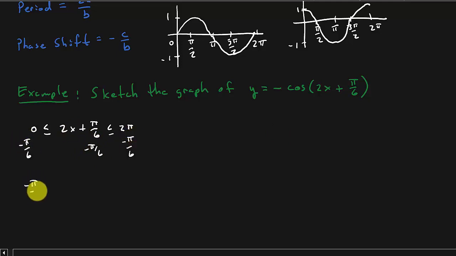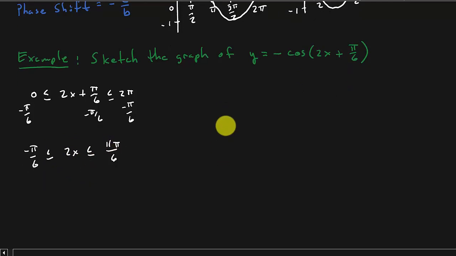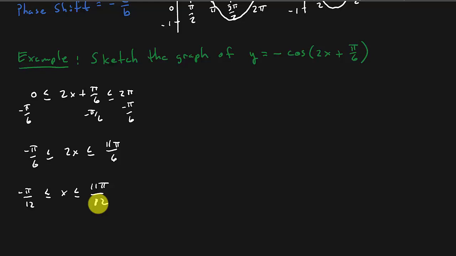And so that's negative pi over 6 less than or equal to 2x less than or equal to, let's say it's 12, that's going to be 11 pi over 6. And then multiply everything by 1/2. So that's going to be negative pi over 12 less than or equal to x less than or equal to 11 pi over 12. Okay, so that's the period that I'm going to graph it over.